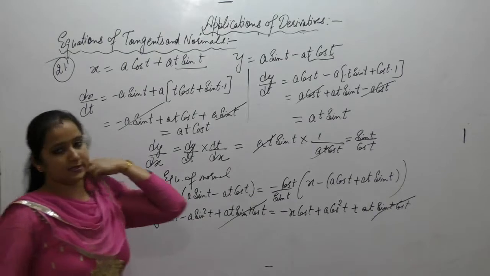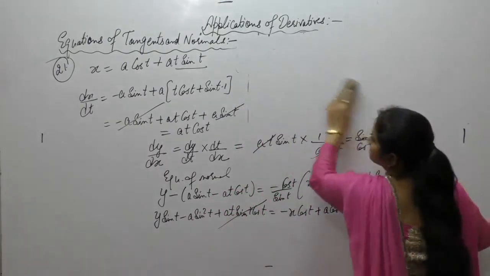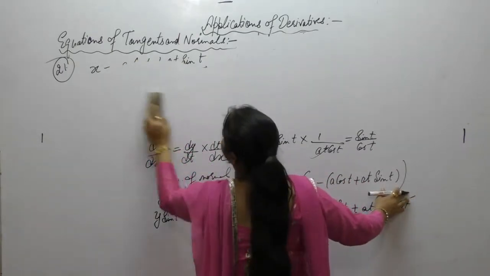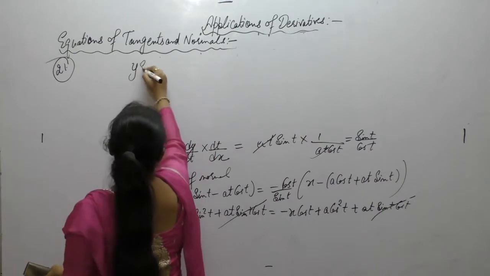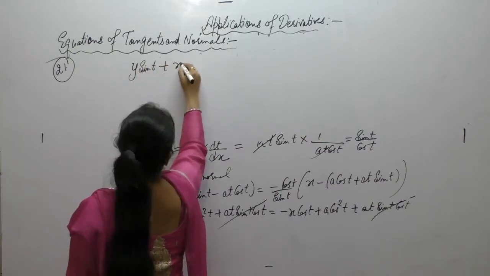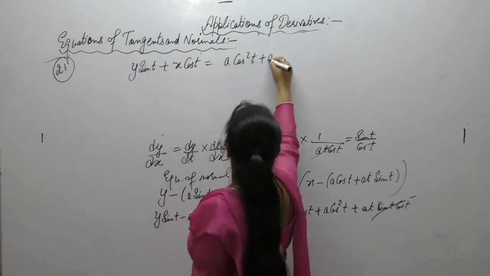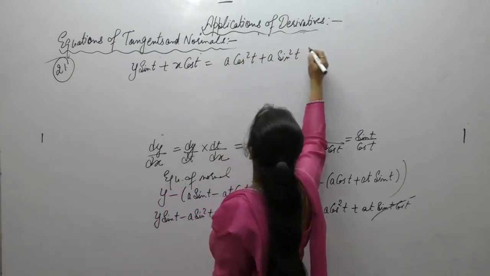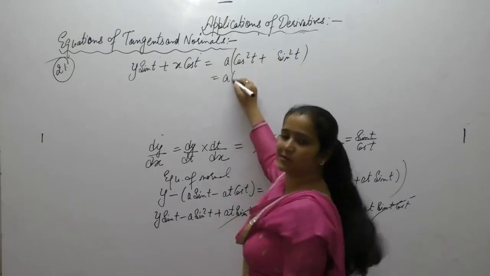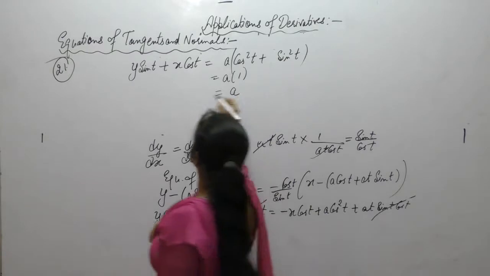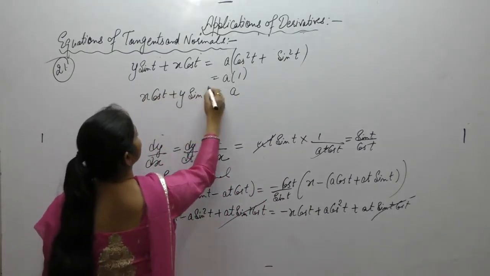Note up to here first. Now in the next step what we get? Y sin t plus x cos t equals a cos square t plus a sin square t. Take a common from here. Sin square plus cos square is 1. So the equation is x cos t plus y sin t minus a equals 0.